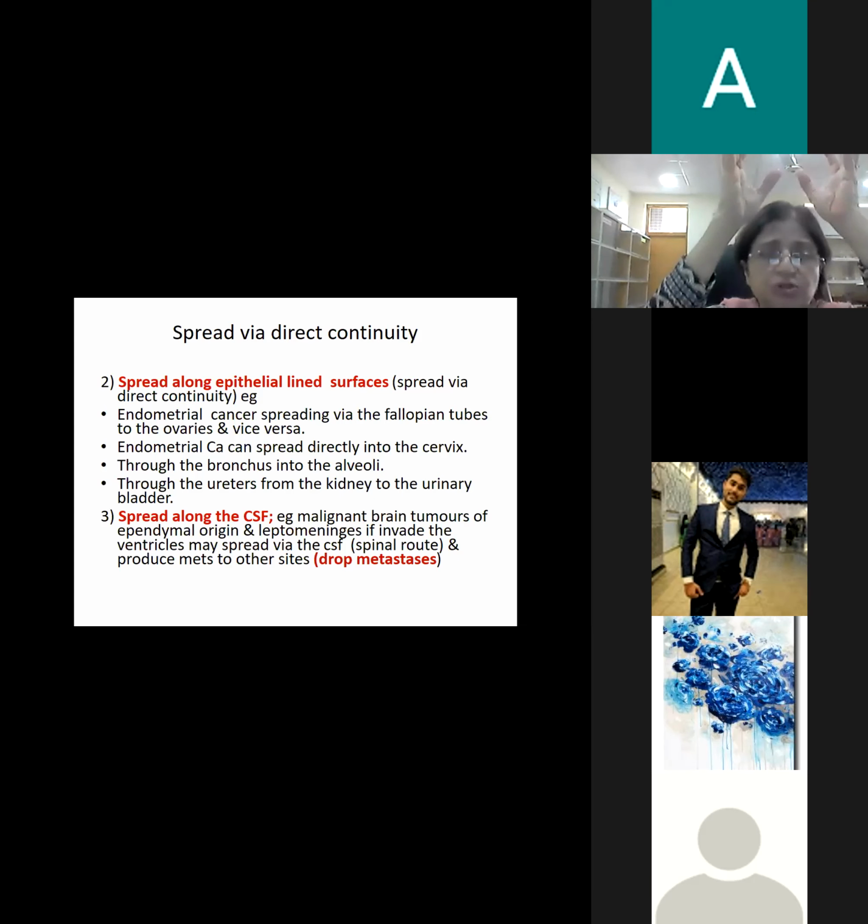Brain के ventricles की जो fluid है, it travels via the CSF of the spinal cord, और नीचे की तरफ via gravity it drops downwards via the spinal root, and this is known as drop metastasis. क्योंकि ये drop कर रहा है from the ventricles of the brain directly downwards along the spinal column. वही CSF जो brain का होता है, the same CSF is surrounding the spinal cord and it spreads downwards. These are known as drop metastasis.